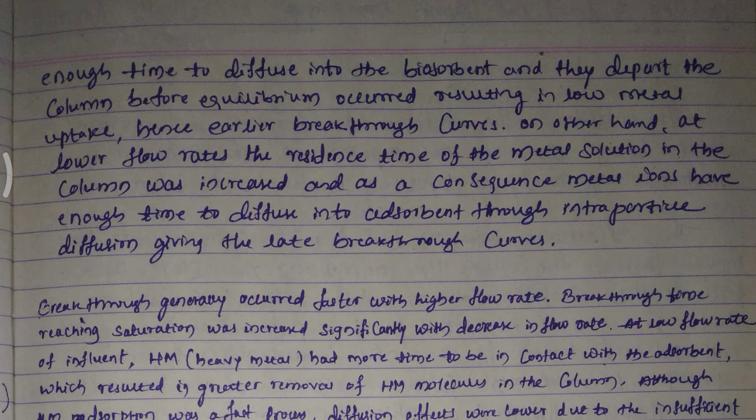Hence, earlier breakthrough curves. On the other hand, at lower flow rates, the residence time of the metal solution in the column was increased, and as a consequence, metal ions have enough time to diffuse into the adsorbent through interparticle diffusion, giving the late breakthrough curves.